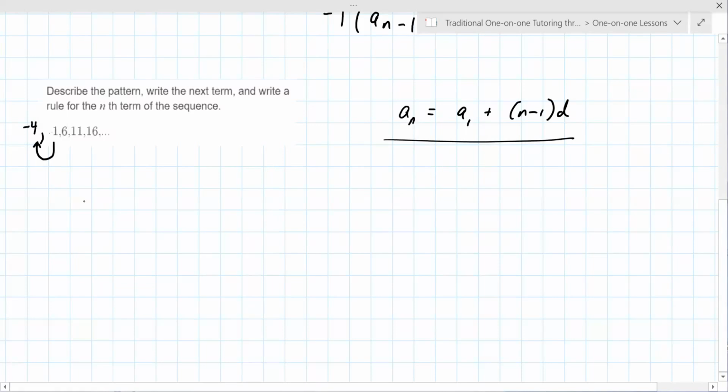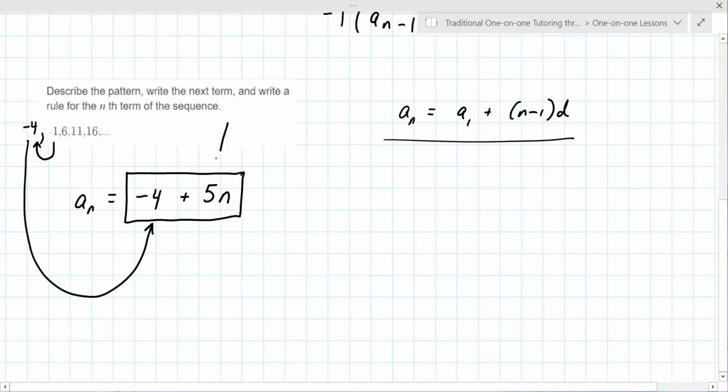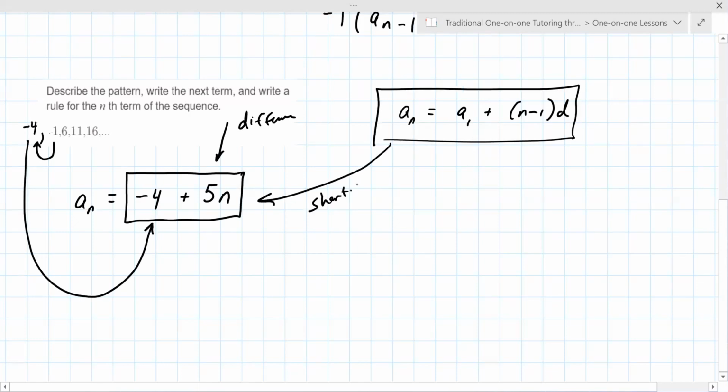So the shortcut formula for a_n is that -4 plus the number that you kept trying to put in as the answer, 5, because that's the common difference, times n. So this is your answer. You take this previous number, then the common difference between them, and then always this letter n. It is this formula on the right, but this is the shortcut. So in terms of what you need to enter, it's this box here.